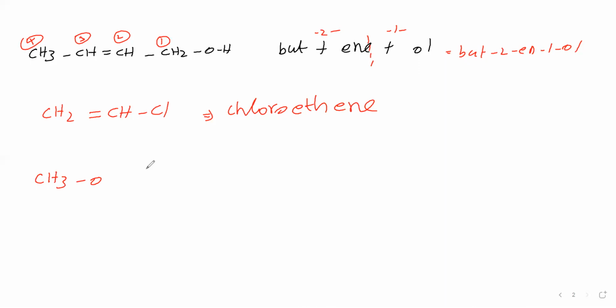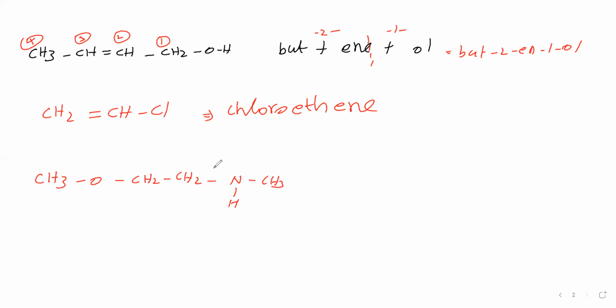CH3O, CH2 2 times, NH, CH3. So here we will see the name, first the functional groups. How many functional groups are there? 2 functional groups. One is ether, that is this one.